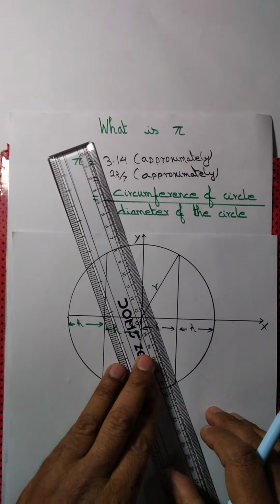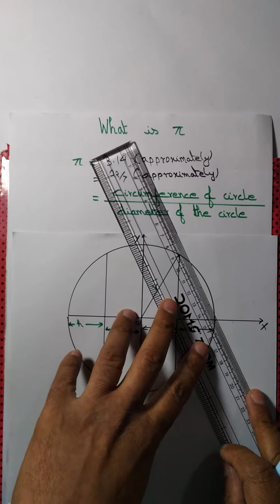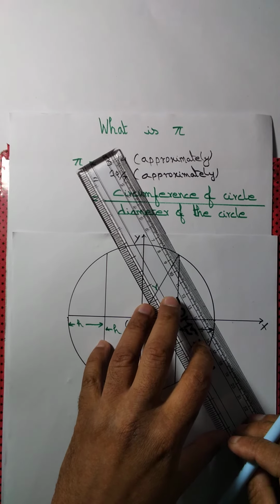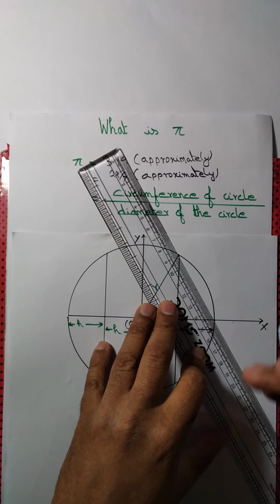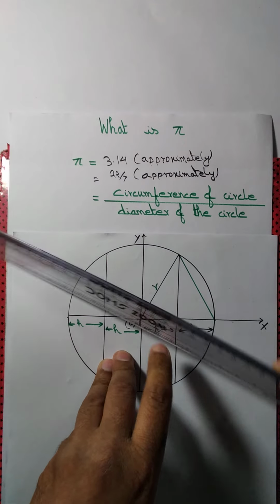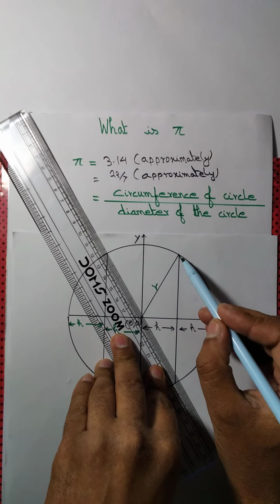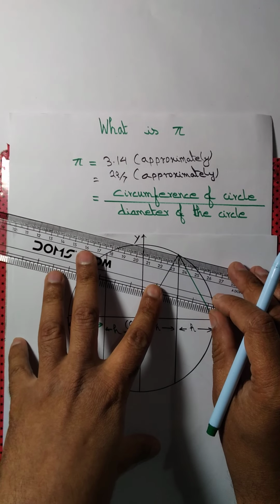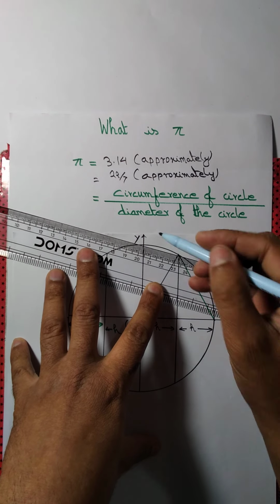Now, what can we say about this length? Will this line approximate this arc? Maybe. Let's see.